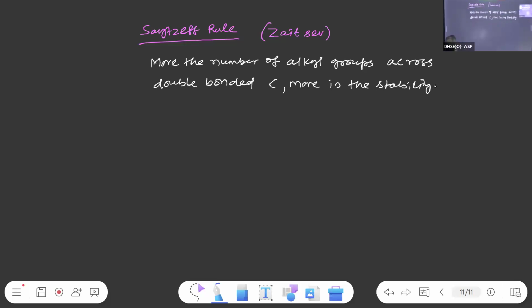So note down. How is this Saytzeff rule explained? By the hyperconjugation effect.